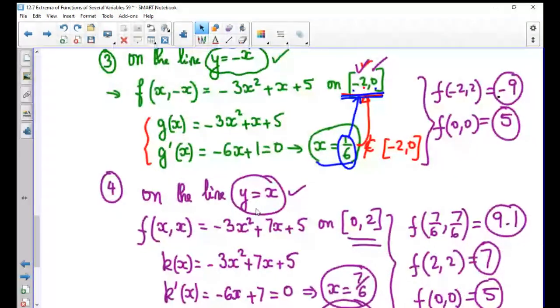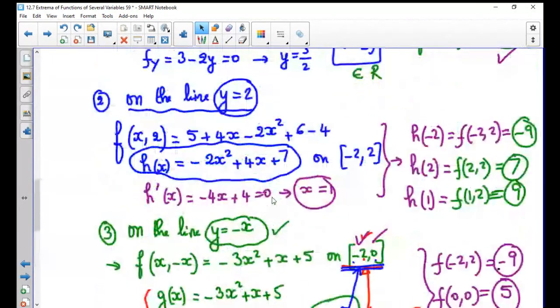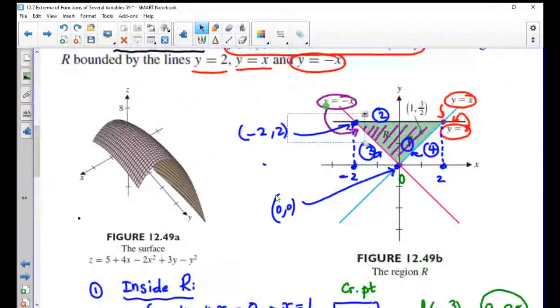Same thing for the line y equal x. The line y equal x is the blue line. It goes from 0, 0 to this point, which is 2, 2.